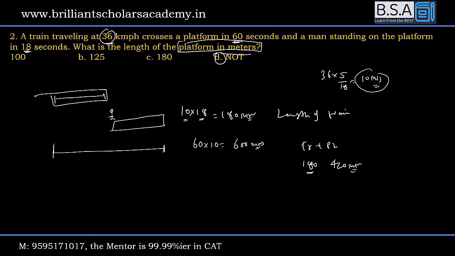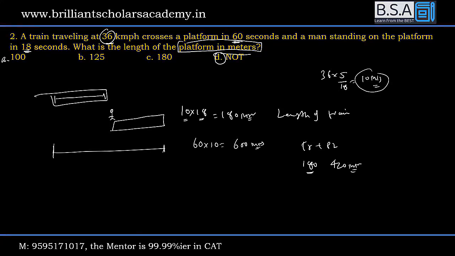So if you apply common sense and observation, no equations are needed, no representation of any other kind is needed. Simply, when a train crosses a man, only the train's length will matter. So 18 seconds are required to travel the distance equivalent to the train length, 180 meters.